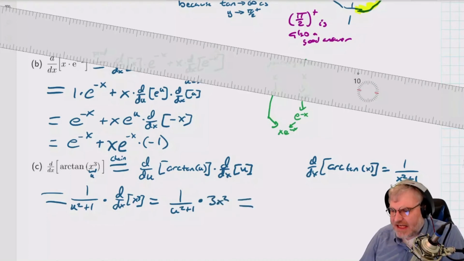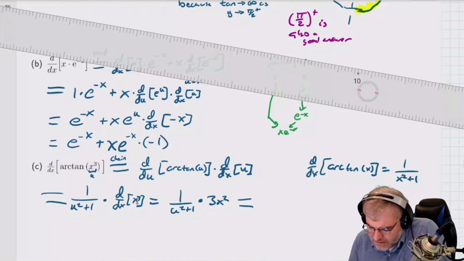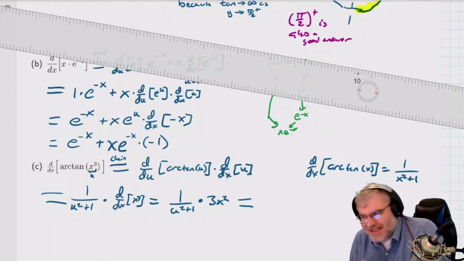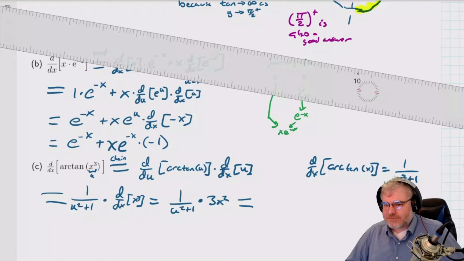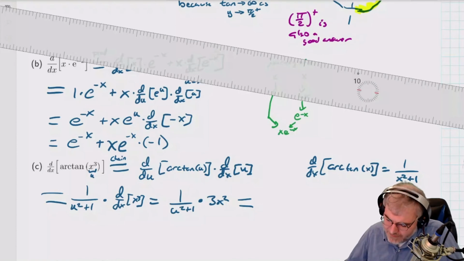Now, when I sub in my baggage on these, and this is one of these annoying things, especially if this was x squared, which is one of those things that people like to ask, which is horrible because it encourages mistakes, and that's why they like to ask it. One of the gotchas here is that this u is x cubed, and I've got a u squared here, so I need to be careful. This is 1 over x cubed squared.